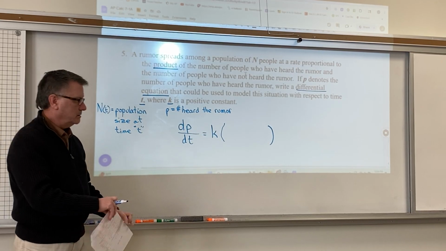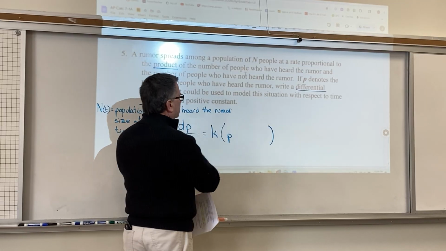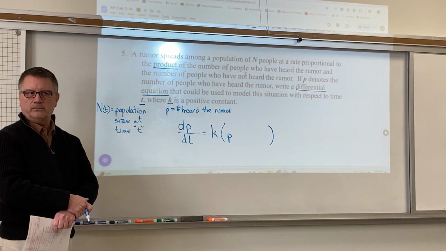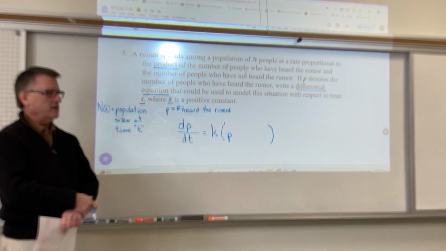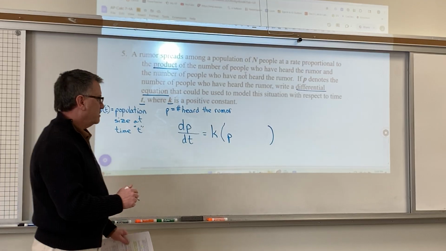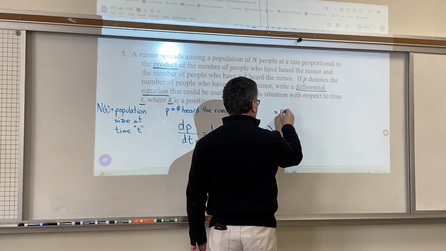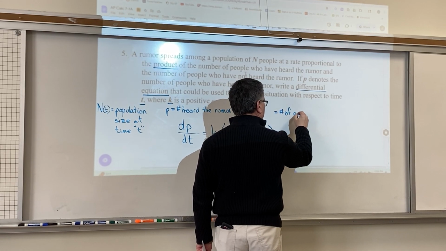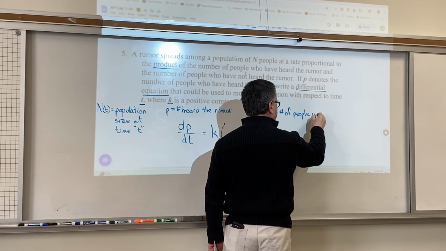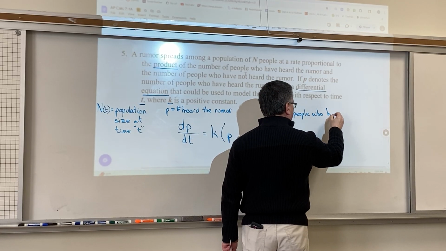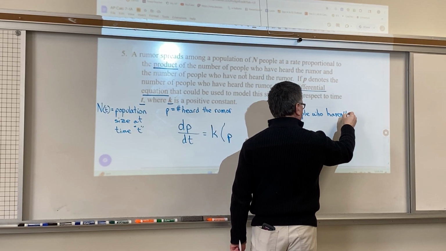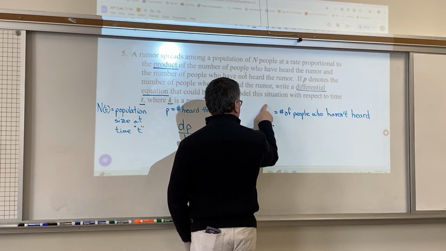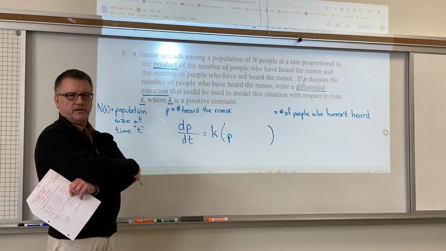Well, that's P. Times the number of people who have not heard the rumor. Well, how can I express the number of people who haven't heard the rumor? I'm sure there's a shorter way of saying who haven't heard. How can I put that in some sort of expression I can plop in there?